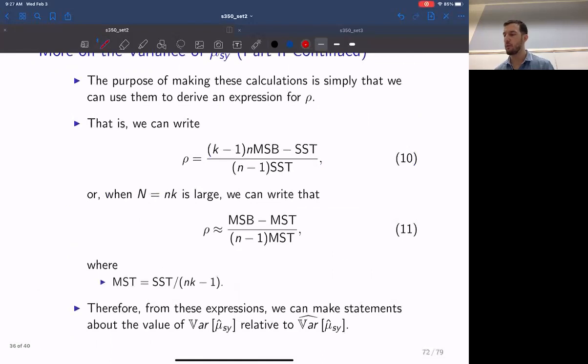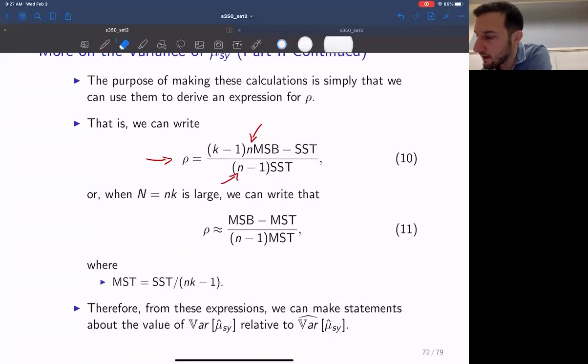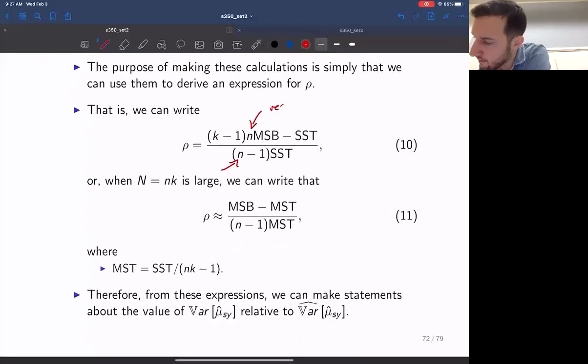From this, we can build an estimate for rho. We can say that rho is equal to (k minus 1) multiplied by n multiplied by MSB minus SST, over (n minus 1) multiplied by SST. One thing that could be potentially misleading here is that in this context we consider this n to be the n for each of the systematic samples, so this is really n_sy subscript i, and this is really n_sy subscript i as well.